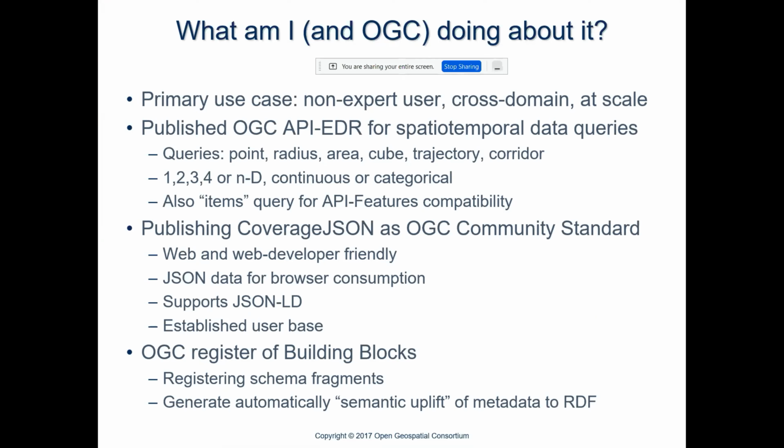Metrology, we've really focused on the non-expert user because we really want to do scale, right? We do want to support thousands, if not tens of thousands of users, not one or two experts with a lot of computing resources. So that's why we published the Environmental Data Retrieval API, but it's not just environmental data, it's any data that's got spatiotemporal coordinates.